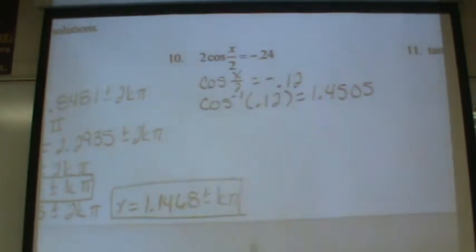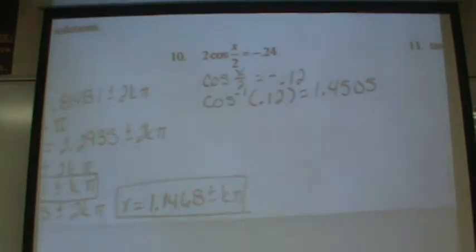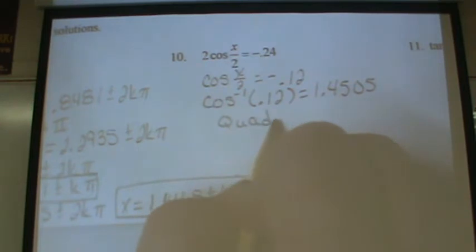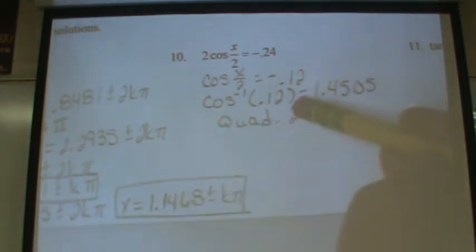We're going to use that to find where cosine is negative. And cosine is negative in quadrants 2 and 3.